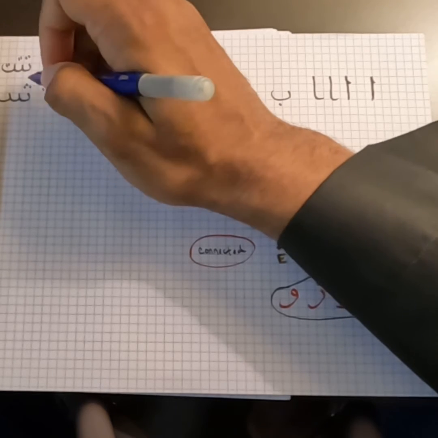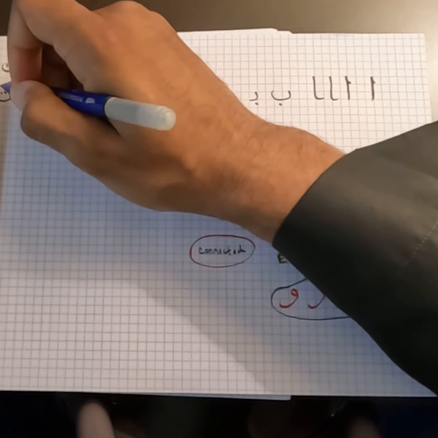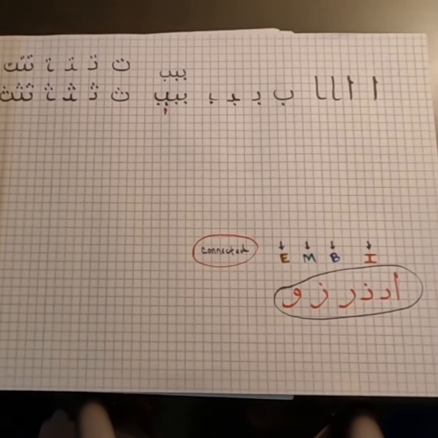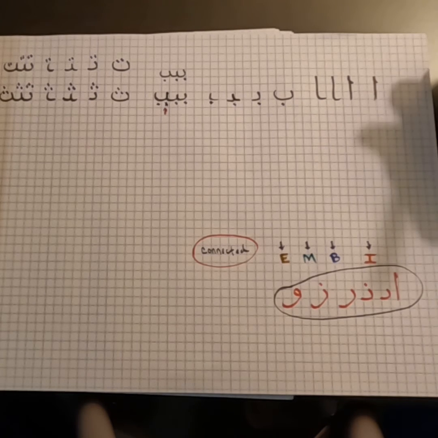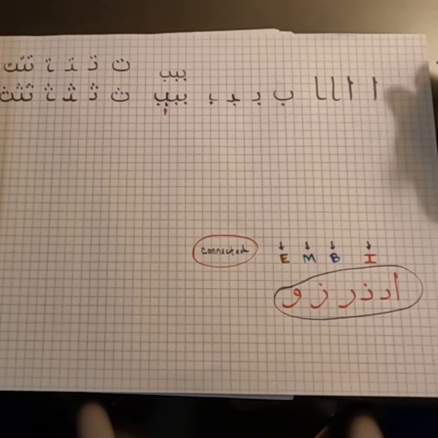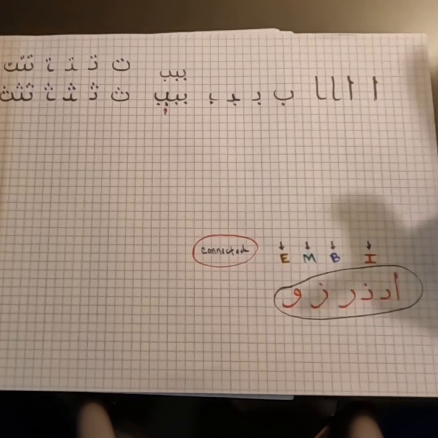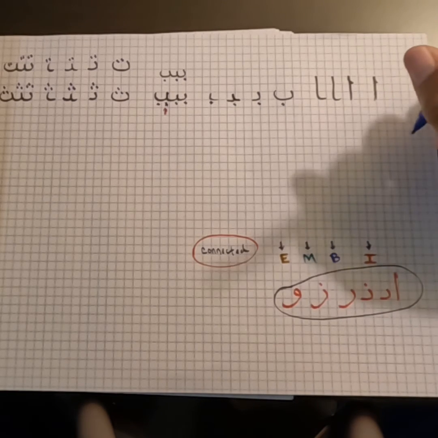Tha, tha, tha. All right, so you have alif, ba, ta, and tha. So once you get ba, ta and tha will be easy. The only difference, as we mentioned, is the dots.